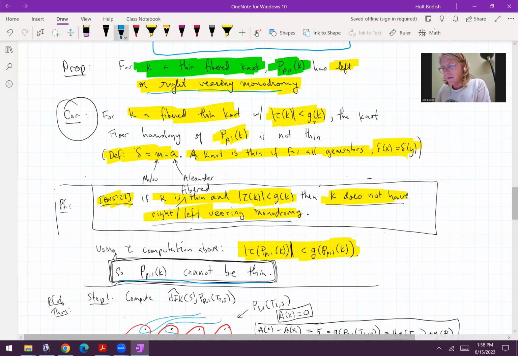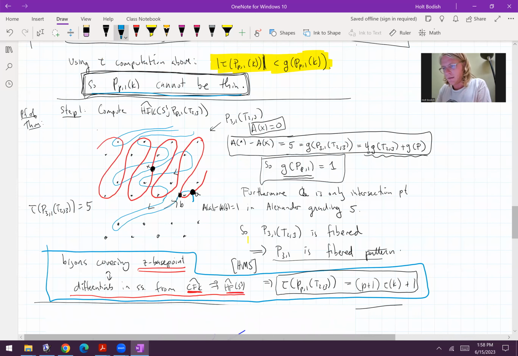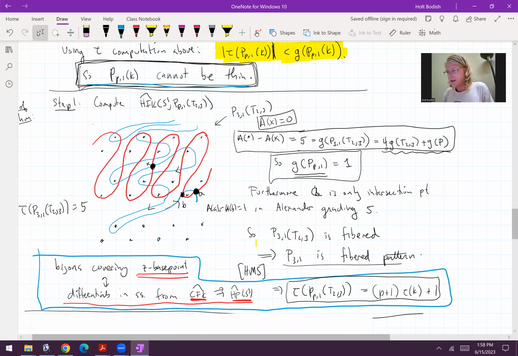Right. In the remaining few seconds, let me mention how to prove some of these results. So here's a pairing diagram that computes the knot Floer homology of P sub 3,1 of the right-handed trefoil knot. The picture is very similar for P sub P1 for any P bigger than 1. It's not hard to convince yourself that as I walk down this diagram along the beta curve, so as I walk along this arc, I'm always intersecting the delta WZ arcs positively.